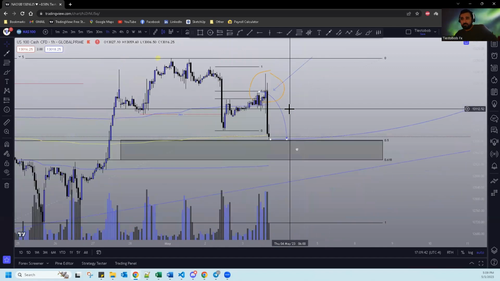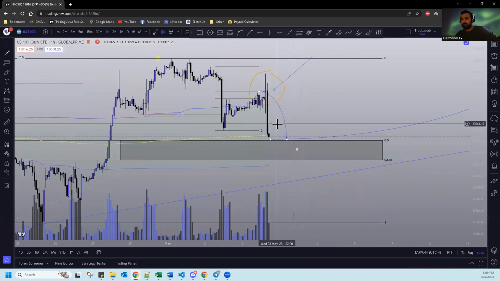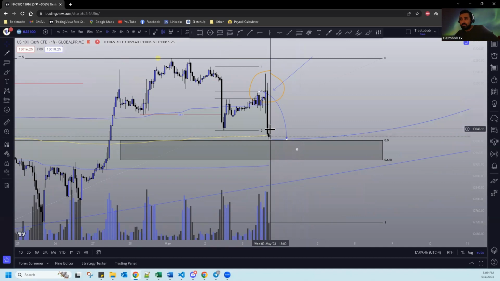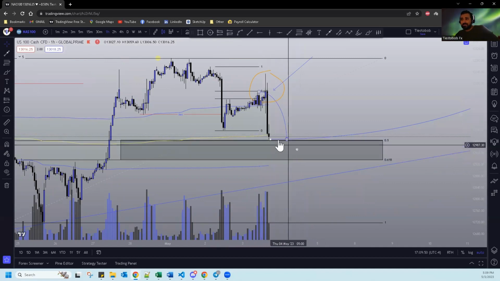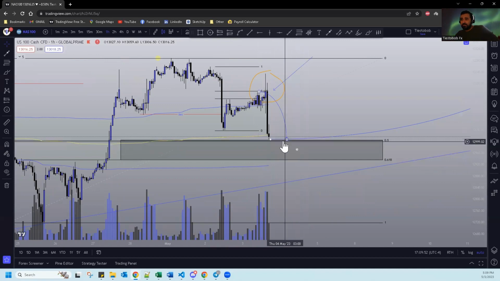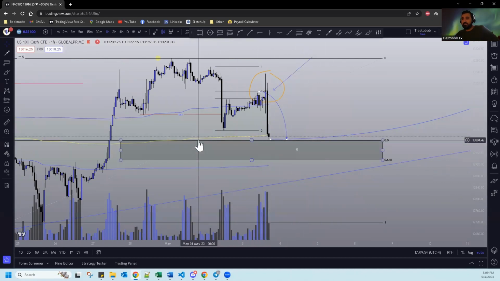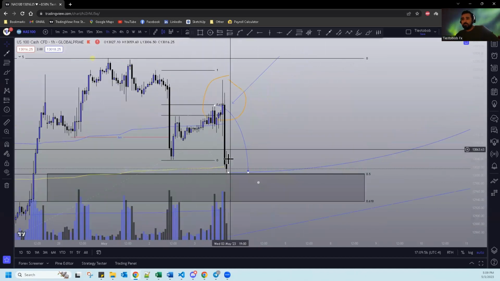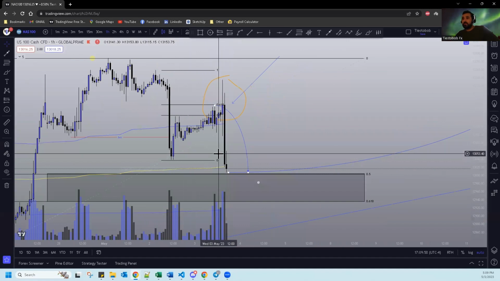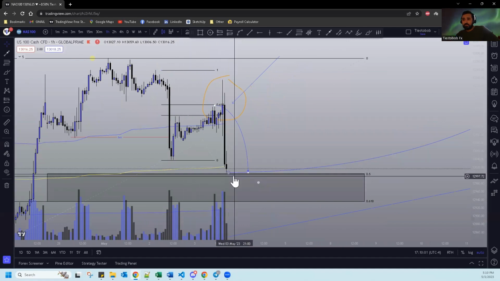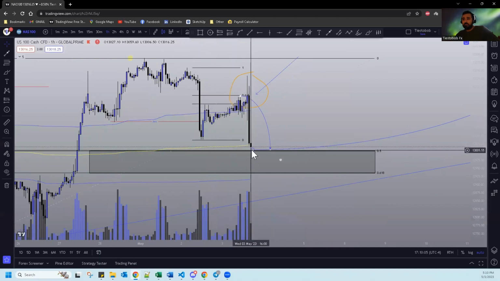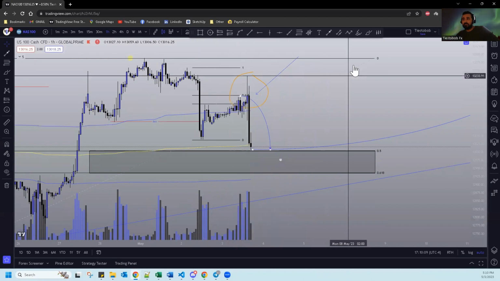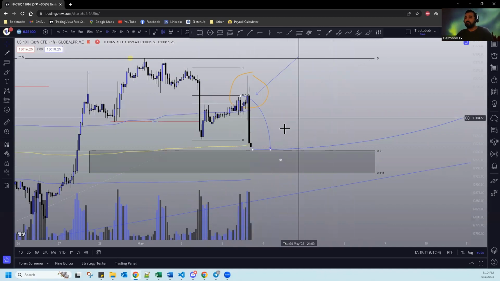For us, it's a clue that price is being driven into this area so the market makers can get a discount and fill their long orders. A lot of people who trade on the lower time frames will probably start shorting this market, like they did up here, only to find out that the market makers are intentionally pushing the market down so they can get a discount for the rally to continue.